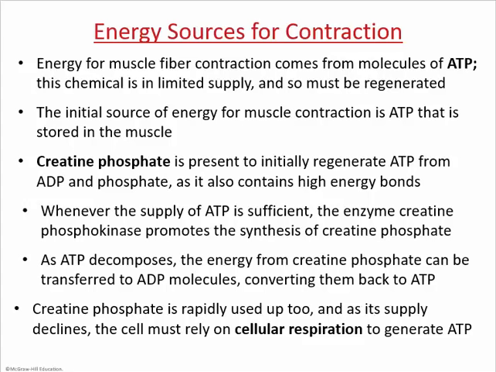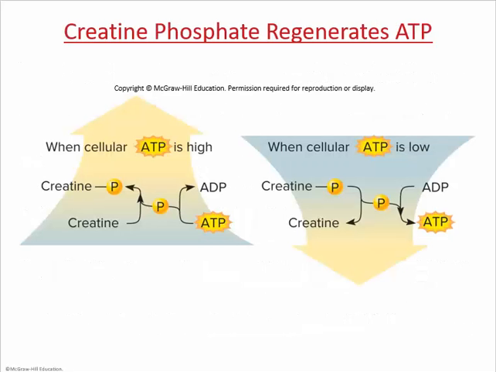The rest of the energy beyond that 10 to 14 second mark has to be newly formed ATP. And this is going to rely on cellular respiration, on Krebs cycle, etc., aerobically and anaerobically.